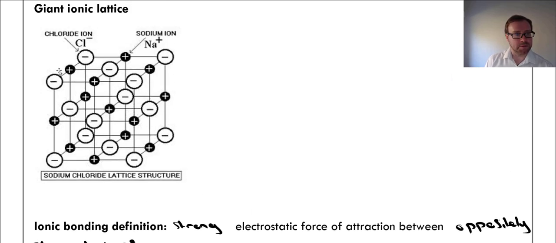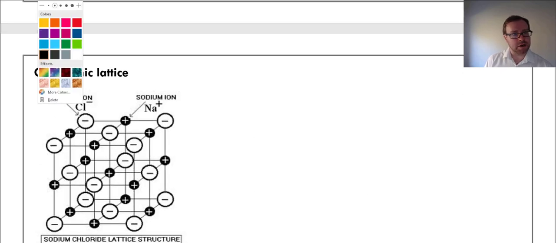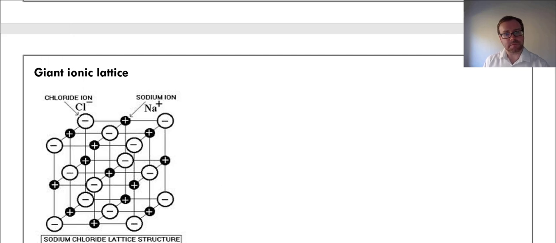And if I go up here, I can see this. So here's an example of a giant ionic lattice. This is my chloride ion, this is my sodium ion, and it shows that there's a regular arrangement of these oppositely charged ions.